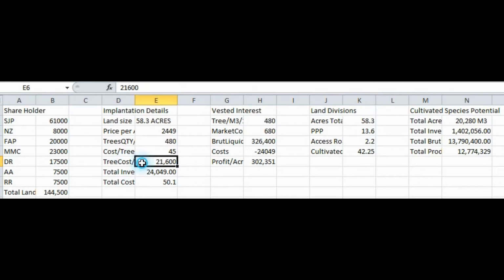Now, per acre, that's going to come to $21,600, and the total investment between the land and the implantation and maintenance is going to be $24,049 per acre, and that's a total cost per tree of $50.10.